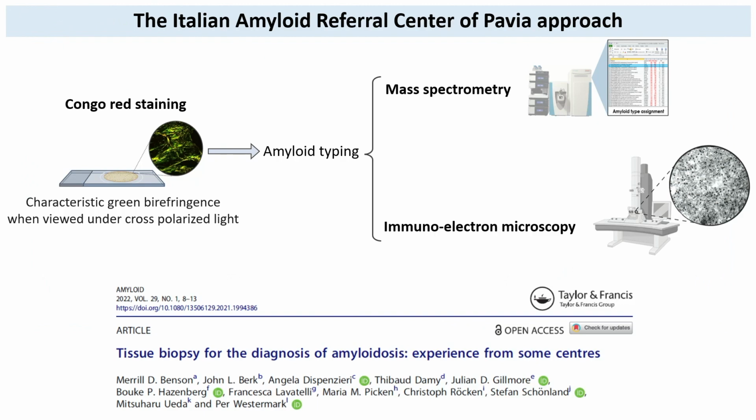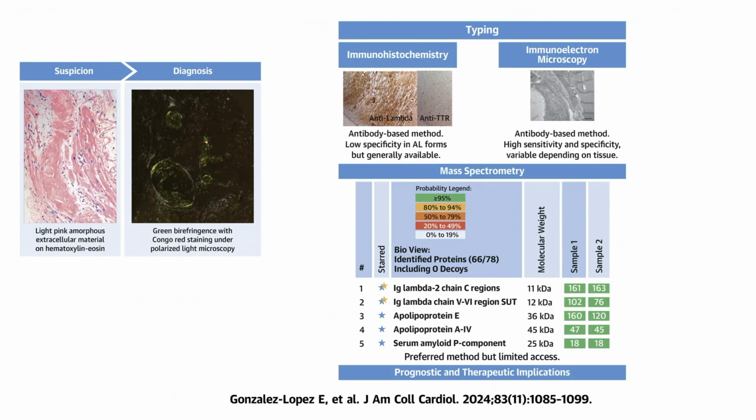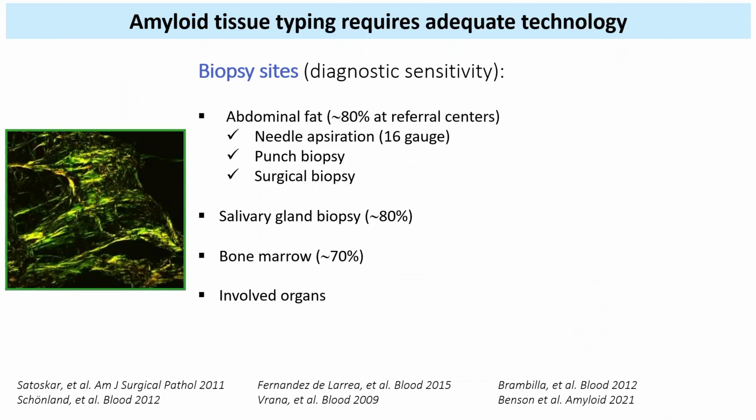So our approach in Pavia, as mentioned, is twofold. The first biopsy site that we suggest for all patients is abdominal fat aspirate. Abdominal fat aspirate is an easy procedure. Also, punch biopsy can be used, and salivary gland biopsy is another important so-called surrogate site for the diagnosis.